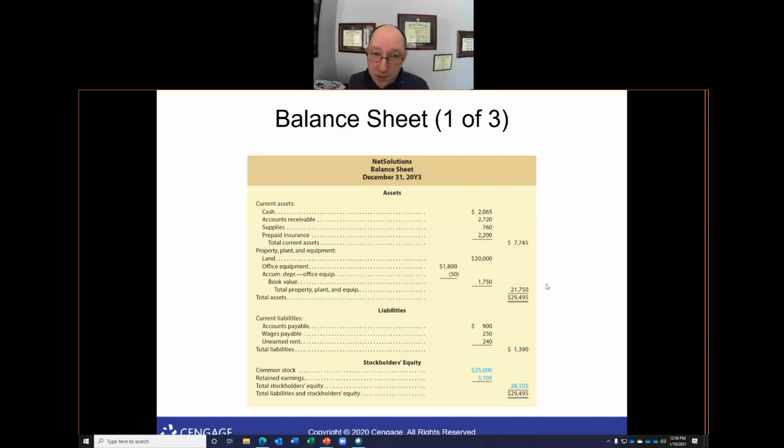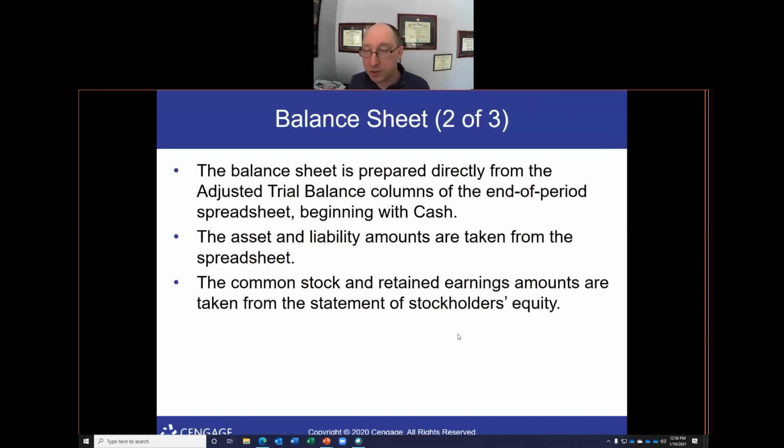Oh yeah, that's the same as your assets. Assets equals liabilities plus equity. $29,495 equals $29,495. That's why we call it a balance sheet. Well, one of the reasons why we call it that.